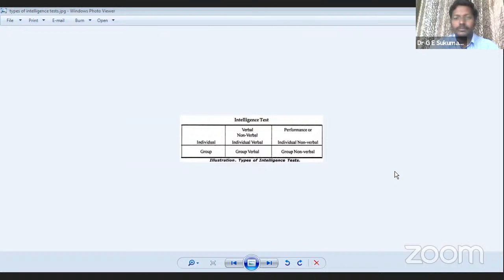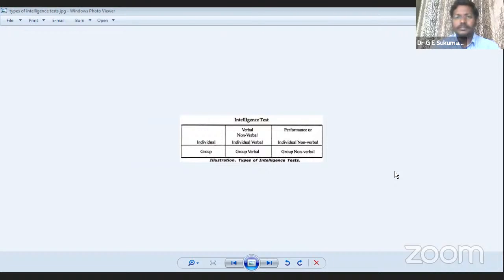Also, based on the content, if the test makes use of language, it is called a verbal test. Verbal tests make use of language, either in written or spoken form, that is oral instructions, especially the written form.